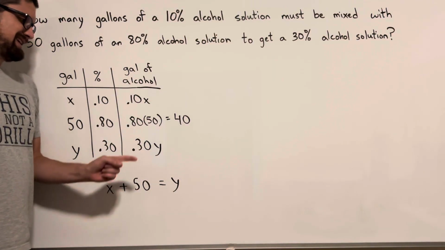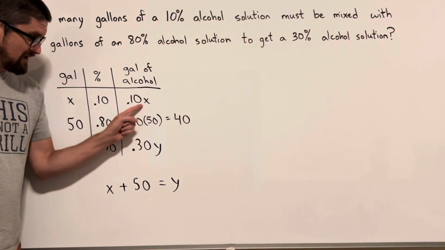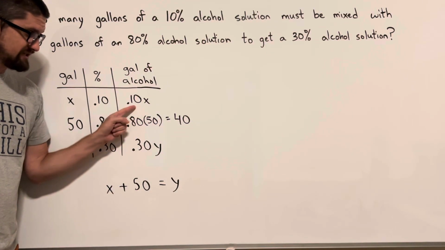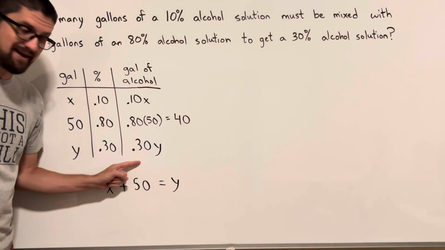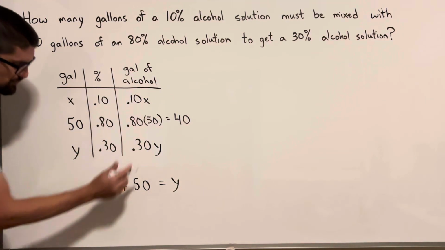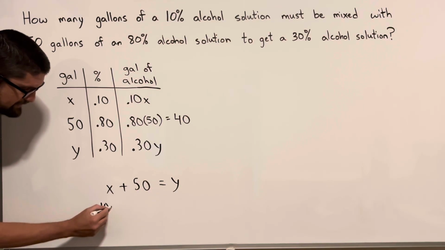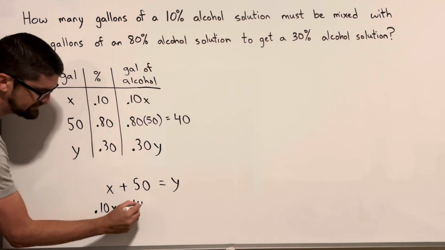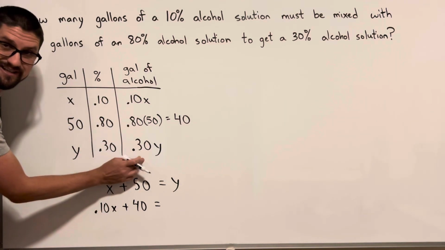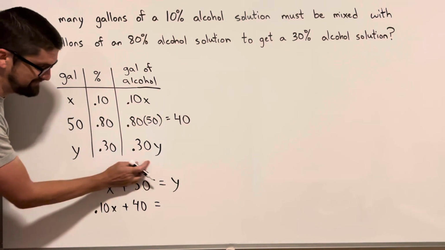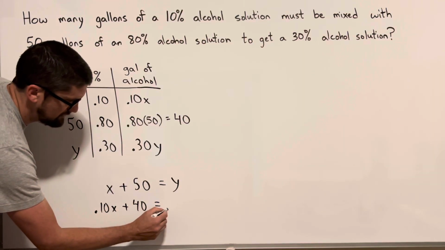And you can do a balance on the alcohol. The amount of alcohol in the two containers that I'm mixing together has to equal the gallons of alcohol in the final mixture. So 0.10x plus 40 gallons of alcohol in the second container have to add up to the gallons of alcohol in the final mixture.